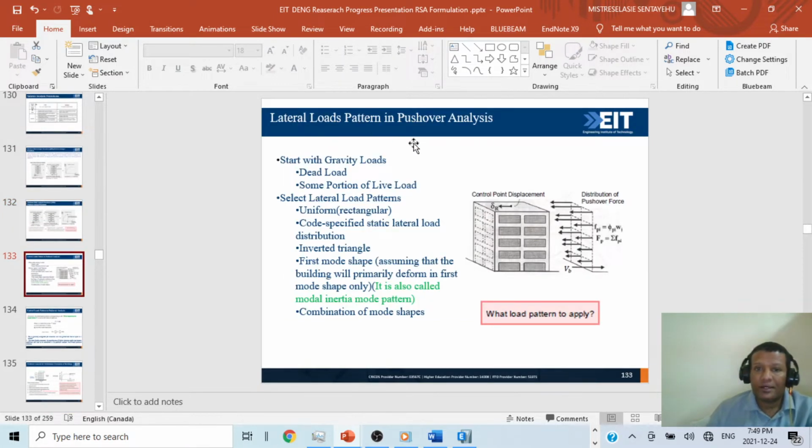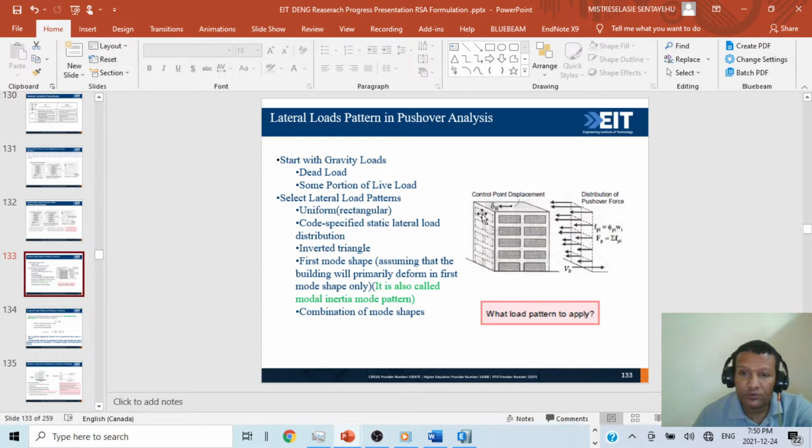So, lateral load pattern in pushover analysis: a lot of researchers use different load patterns. For example, start with gravity load. This is the normal dead load plus the seismic portion of live load. Then the static lateral load pattern, for example a uniform rectangular load like this.